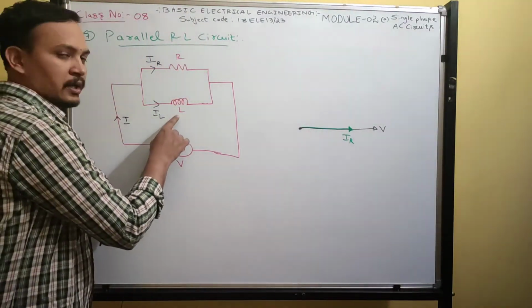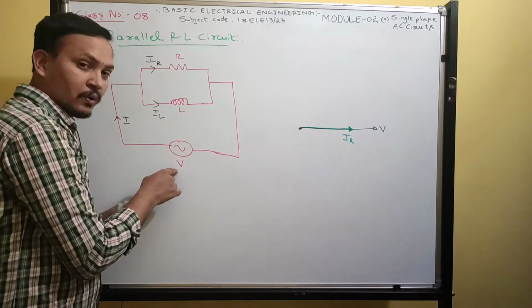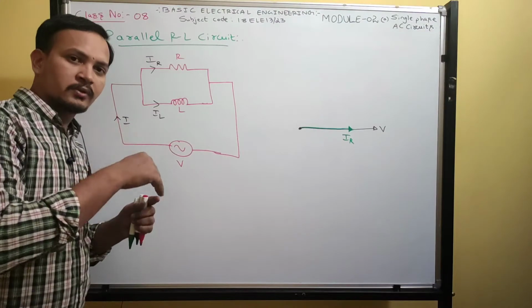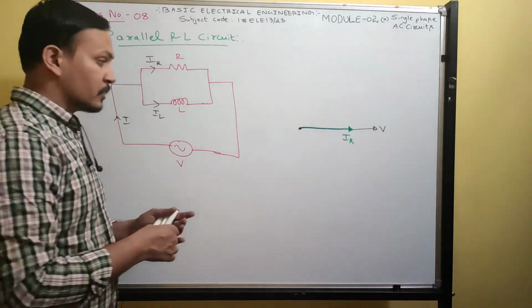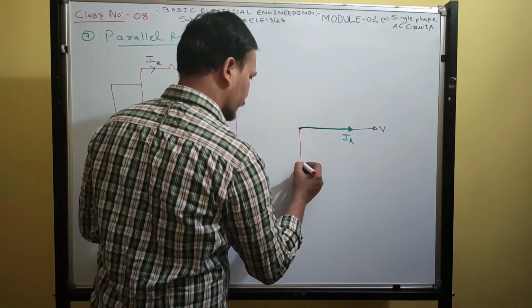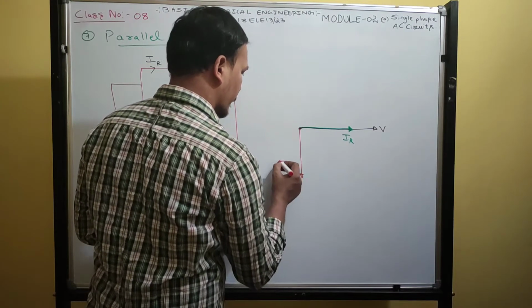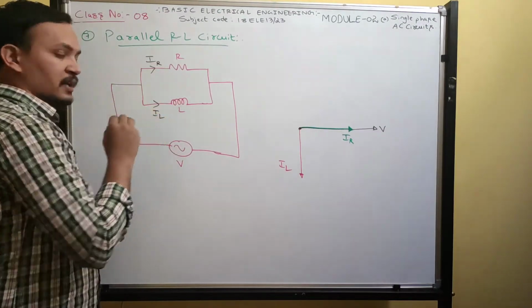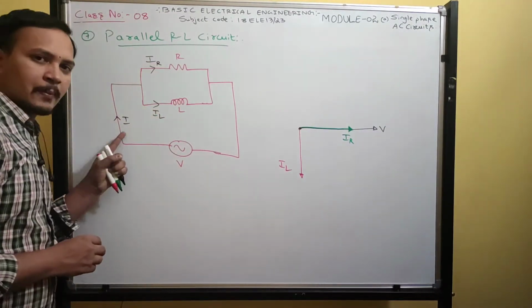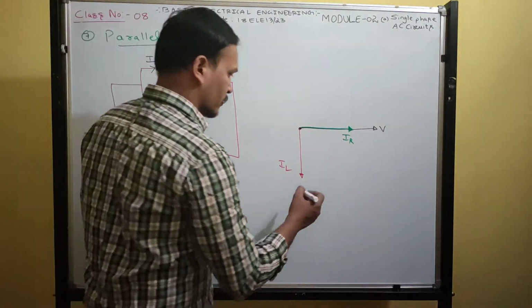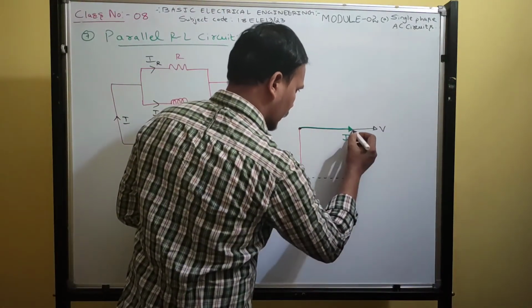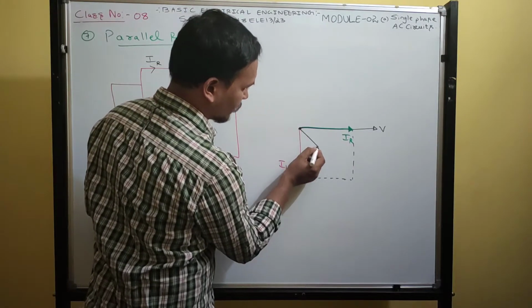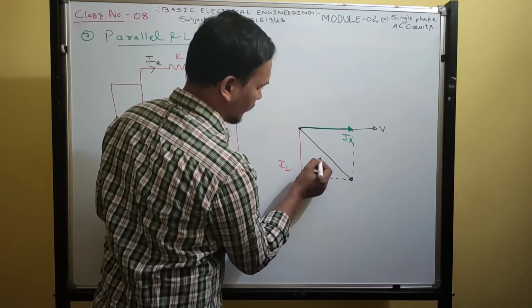The current flowing through the inductor lags the voltage by 90 degrees. The vector addition of IR and IL gives the supply current I.